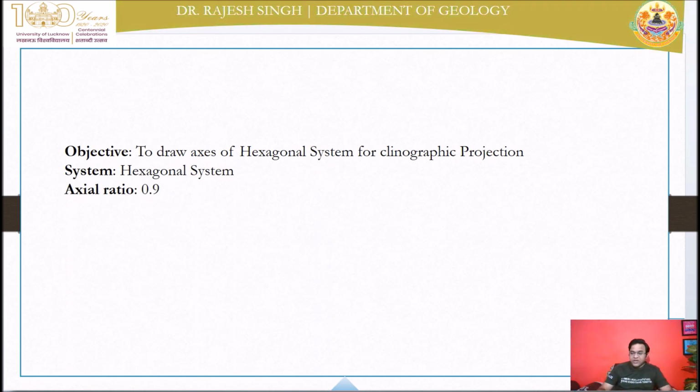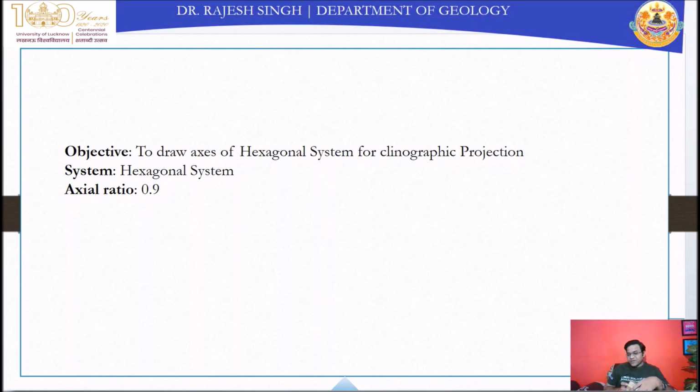In clinographic projection, the axial ratio, that is the vertical axis C, is 0.9, that is 5.4 inch. And what is the difference between the hexagonal system and the cubic or isometric system?